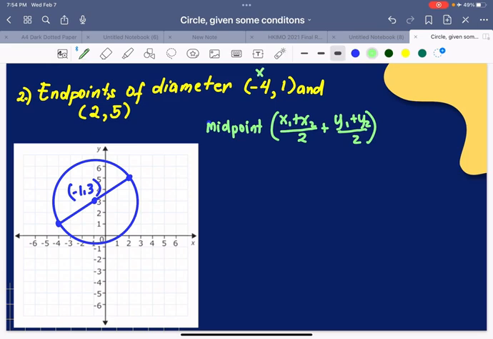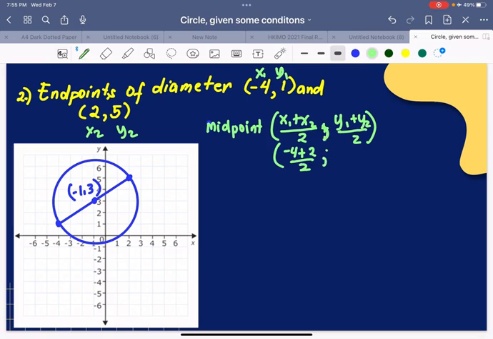So, ito ang ating x sub 1, y sub 1. Ito naman ang x sub 2, y sub 2. So, kung gagamitin natin dito sa formula, ang midpoint natin ay magiging negative 4 plus 2 over 2. Ito pala comma, hindi plus, sorry.